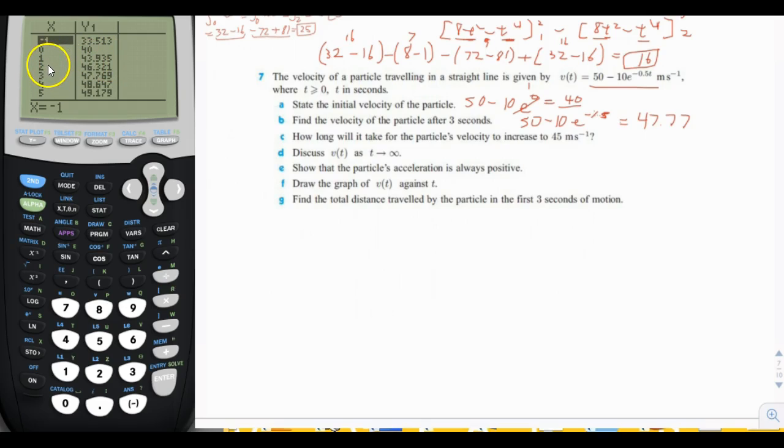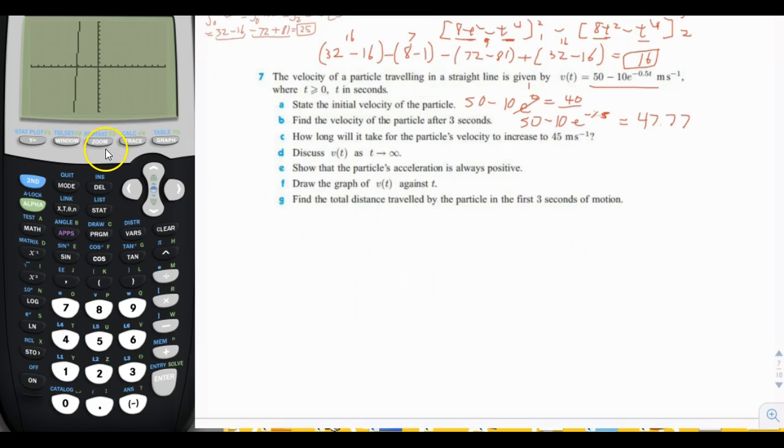Let me show you the elegant way of doing this. Go to y equals. You put y equals 45, which is the desired velocity, right? Now you've made two graph functions here, and one of them is on the screen, the other one's off the screen.